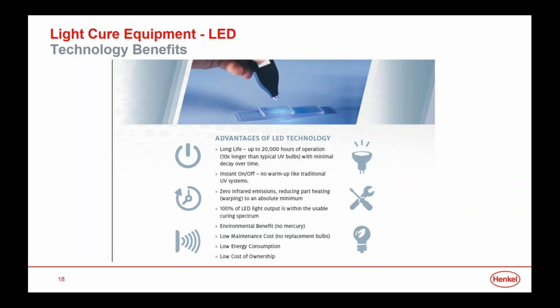They use a lot less power, so there's less energy consumption, typically a lower cost of ownership, and lower maintenance, so there are a lot fewer replacement bulbs or waste from replacement bulbs. Overall, an LED is going to last significantly longer than a bulb, and afford you a lot fewer maintenance issues over time during your process.